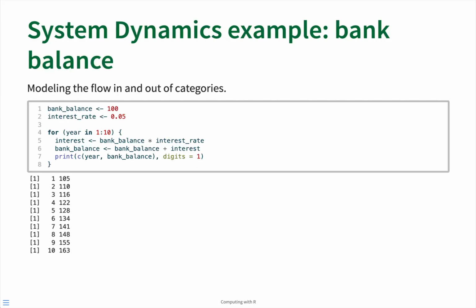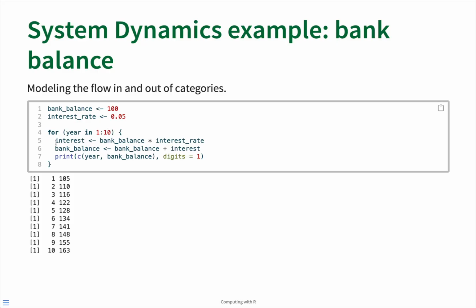So here's a system dynamics example, right? System dynamics models, if you remember, were where we had categories of things, and then we allow quantities to flow between those categories. So here we're simulating a bank balance, right? So we've got a category that is the balance of a bank account, right? In this case, it's 100 somethings, right? Maybe $100. And then we also have an interest rate, 5% interest rate here, 0.05. And then we have a simulation that's a for loop, and we're going to iterate through 10 years.